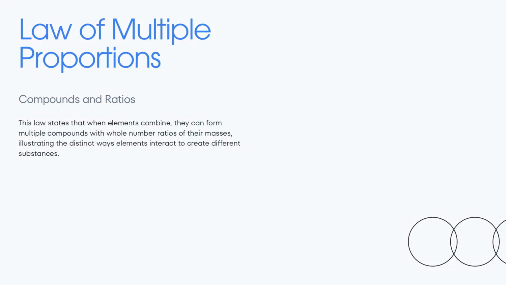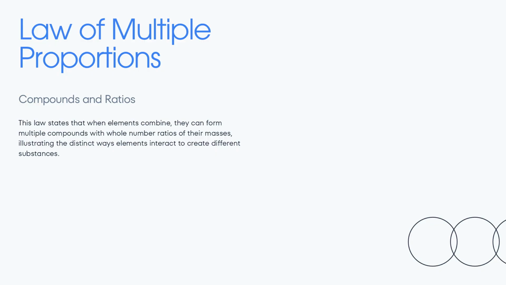The law of multiple proportions explains why the same elements can form different compounds, like carbon monoxide and carbon dioxide. Both are made up of carbon and oxygen, but carbon monoxide is CO, whereas carbon dioxide is CO2. These laws prove that chemistry is not random, but it is systematic and predictable.